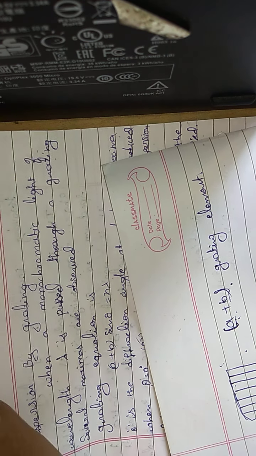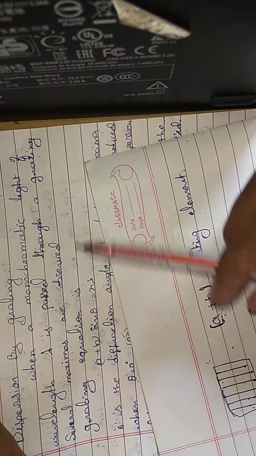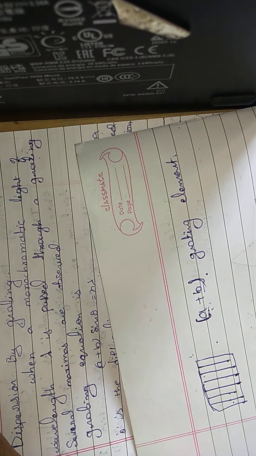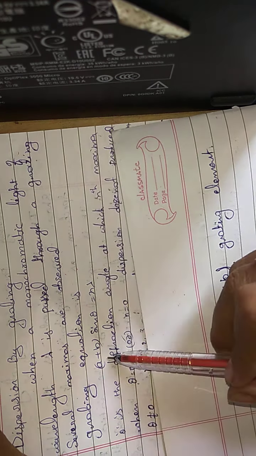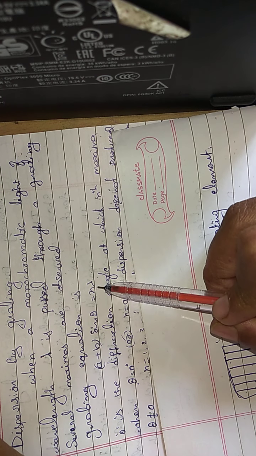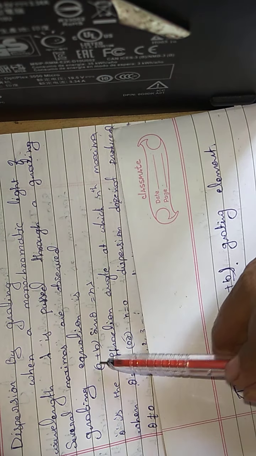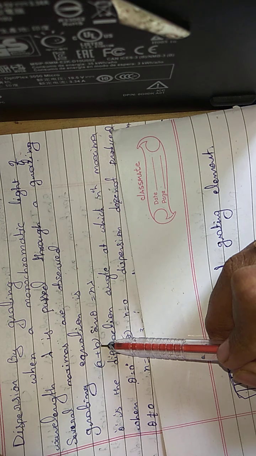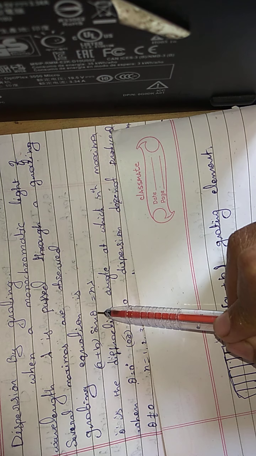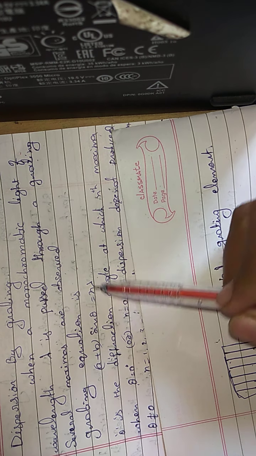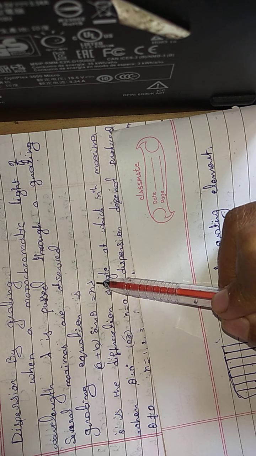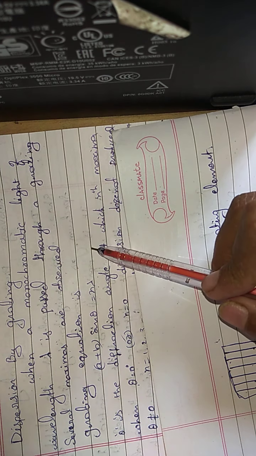Therefore, the grating equation for maxima is given as (a plus b) sin theta equals n lambda, where a plus b is the grating element, theta is the diffraction angle, n is the order of spectrum, and lambda is the wavelength of light used.